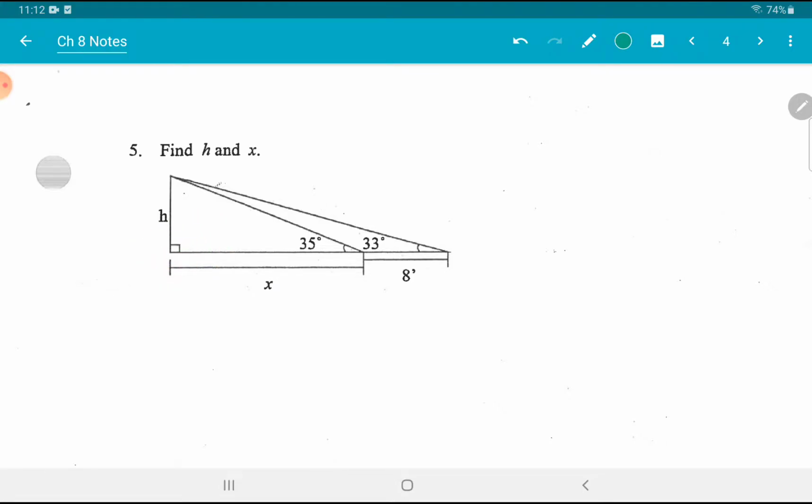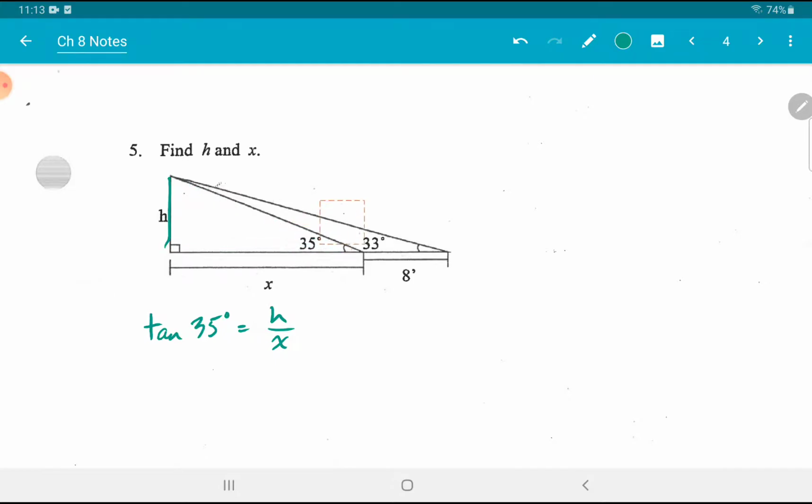Okay, so in this particular drawing here, what stands out to me is that we have a right triangle kind of in this spot right there, and you'll notice it does have a 35-degree angle there. So if I were to think of the parts that are assigned to this particular triangle, the only thing I can really come up with is the understanding that the tangent of 35 degrees is the same as opposite over adjacent. So I can create this trig ratio here, h over x.